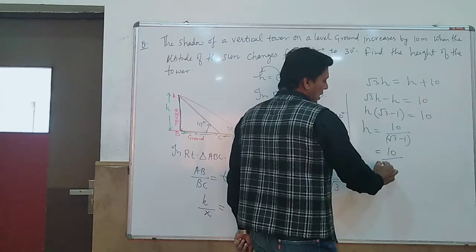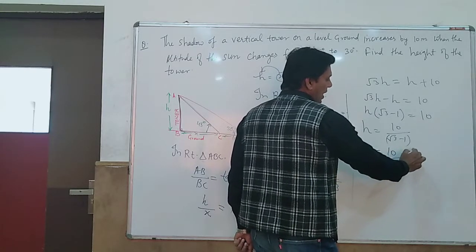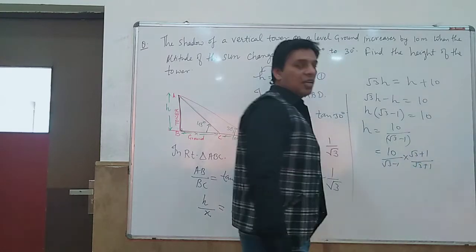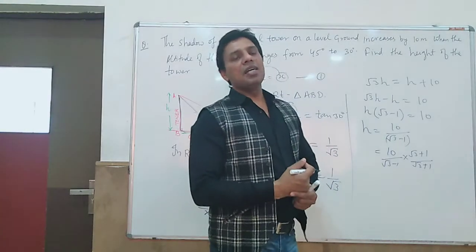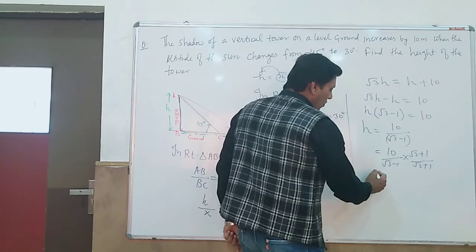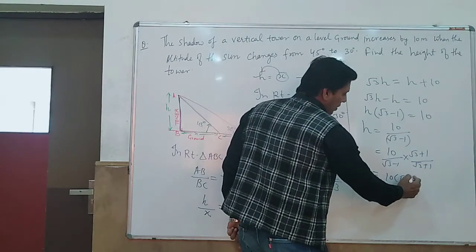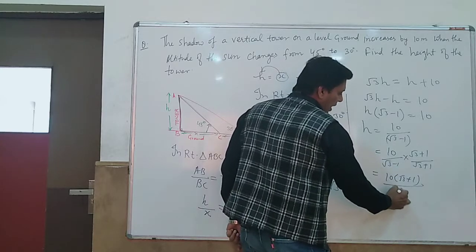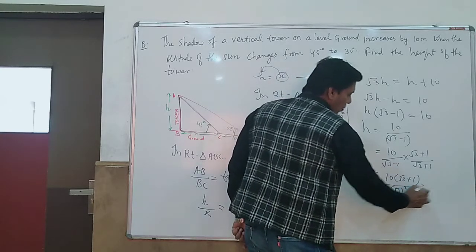How? We can multiply 10 upon root 3 minus 1 with its conjugate. You might have learned rationalization of the denominator. So 10 into root 3 plus 1, and (a minus b)(a plus b) will be a square minus b square.